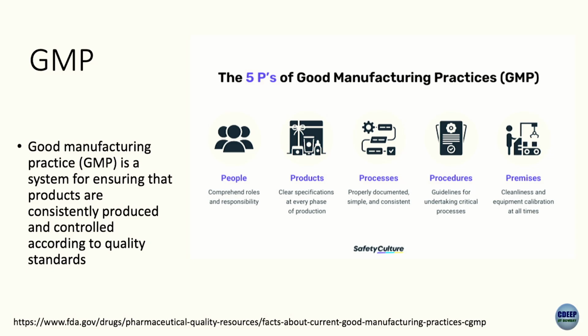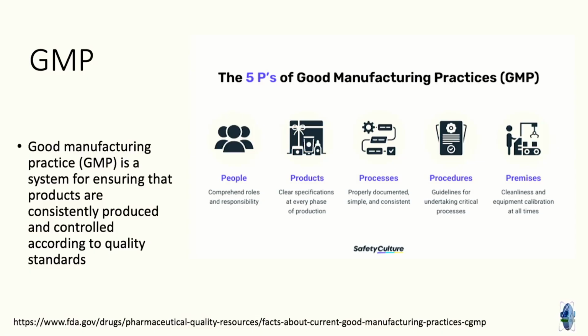So what is good manufacturing practice? In the lab we never follow any good manufacturing or even good laboratory practices, right? Good manufacturing practice consists of 5 important P's. People, that's the first. Human is the first thing in GMP, the people who are doing it.